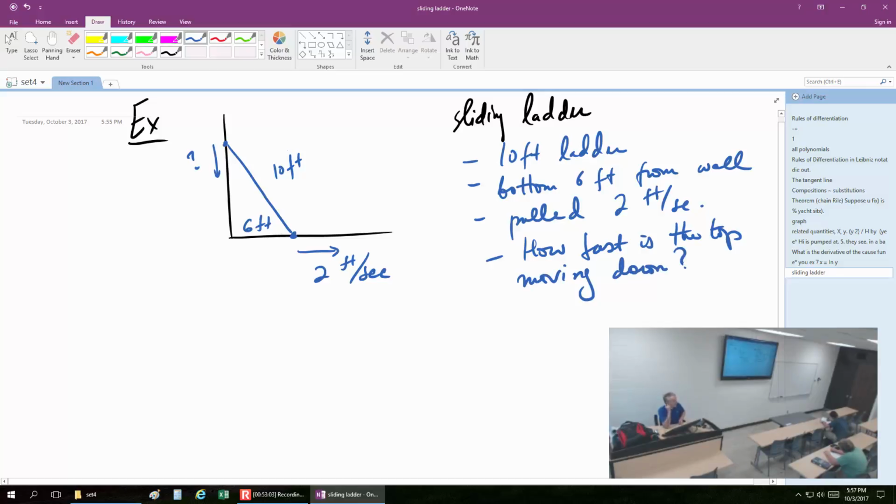Have you ever seen a similar problem to this? With related rates, it's actually easy, if you try to think of things in terms of physics, then you're going in the wrong direction, because there are certain issues here. What about the friction? What about the forces here and there?